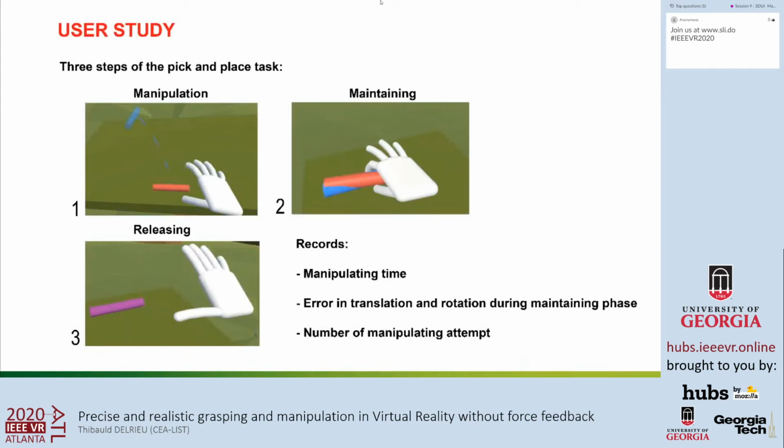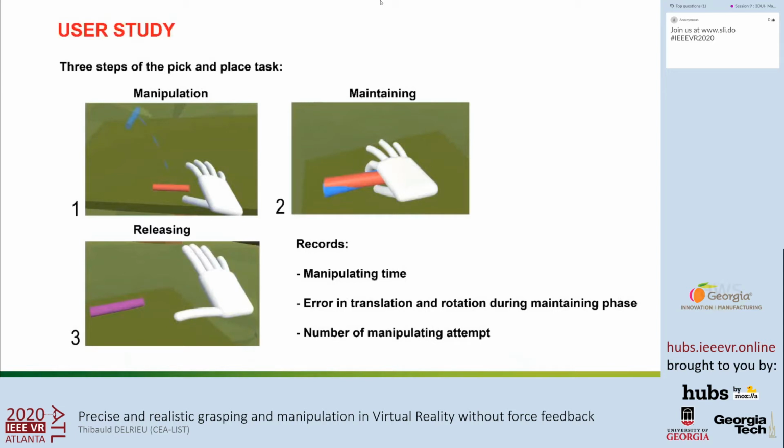After that, the second phase, the maintaining one. Once the target is triggered, participants have to maintain the target position for 1 second. The target becomes opaque blue after that. And after this phase, the subject had to release the object.